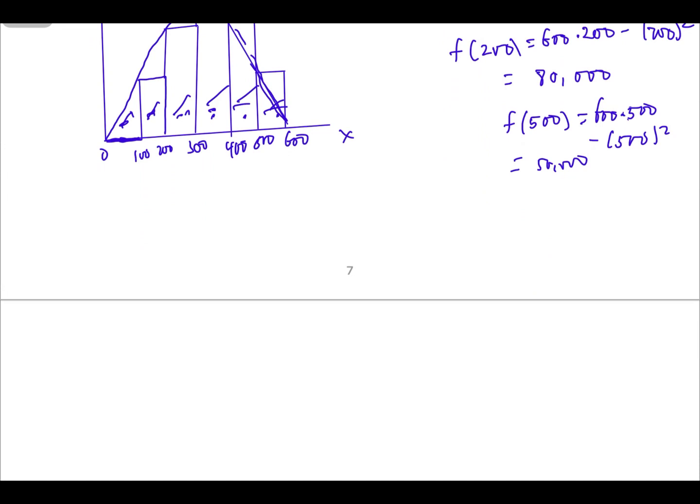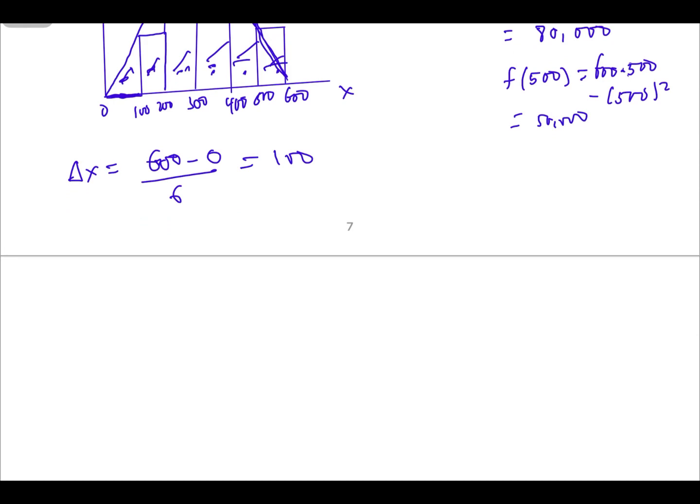Since you have already found this, delta x equals 600 minus 0 over 6, which is equal to 100. That's our interval. We can also see that the area under the curve will be approximated as the sigma i equal to 1 to 6 of f of x i times delta x.